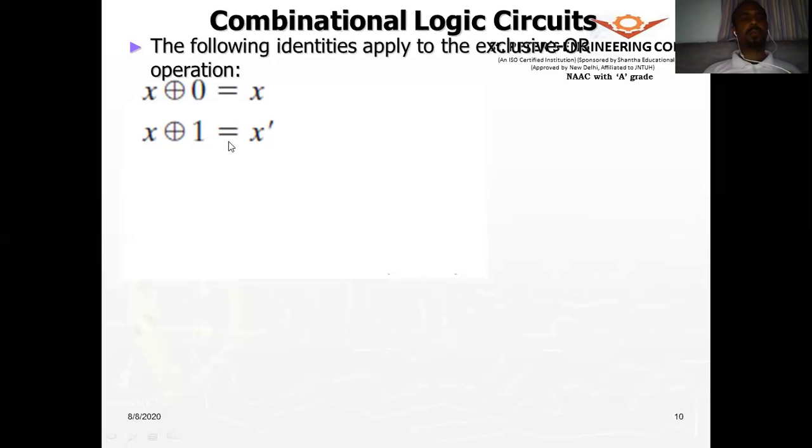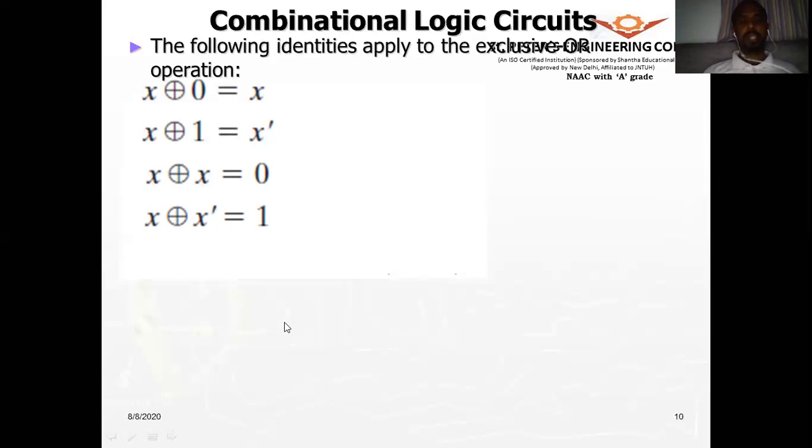So we call this, XORed with 1 will be X complement, and X XORed with X will be equal to 0. You know that when both are same inputs, output is 0. So that concept we have applied here. Similarly, X XORed with X complement will be equal to 1.